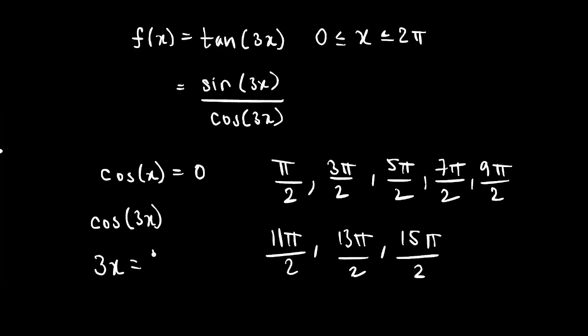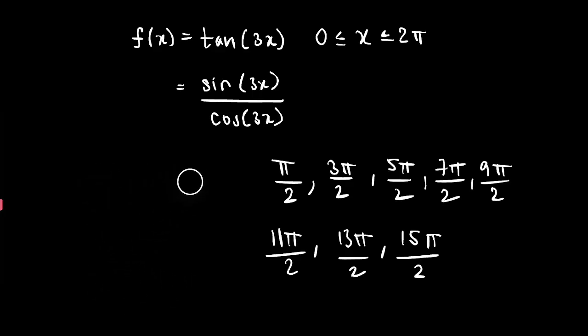So if 3x is equal to pi over 2, then our x is going to be equal to pi over 6. Because of that, we're going to have to sift through this list and identify within this given range which values of x will result in a discontinuity.